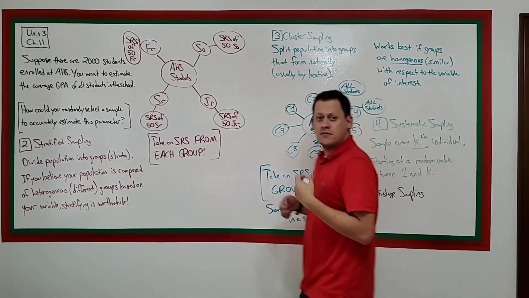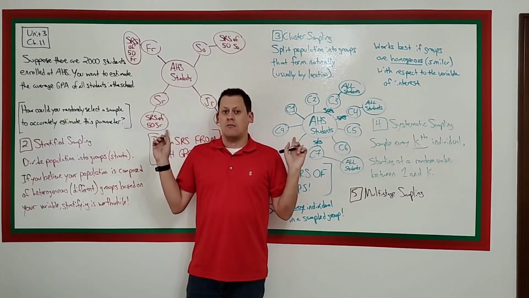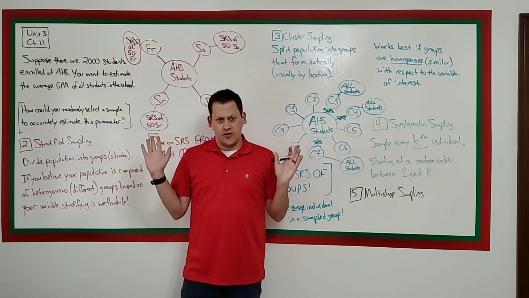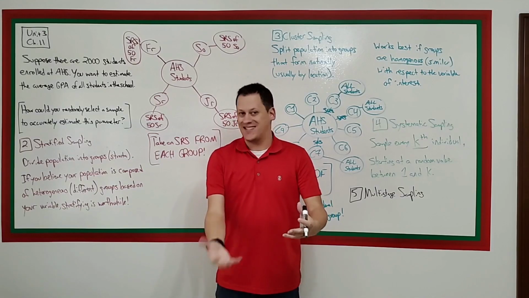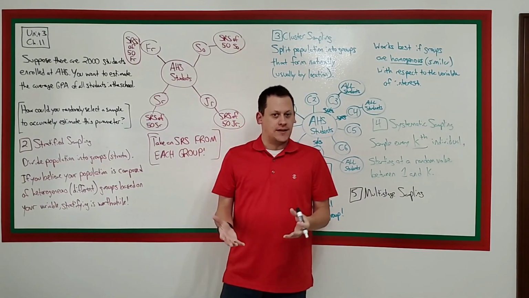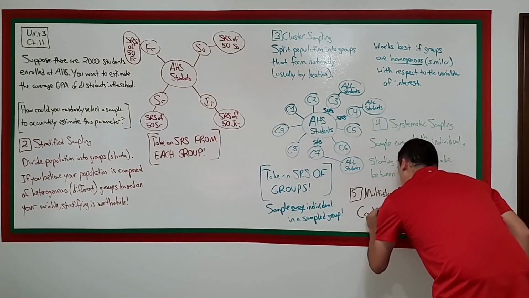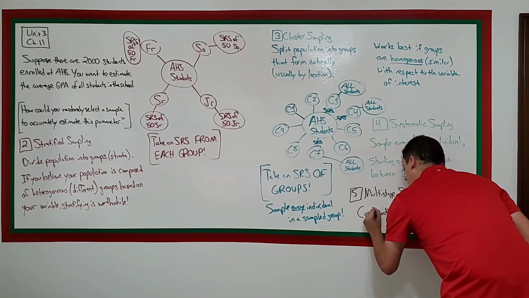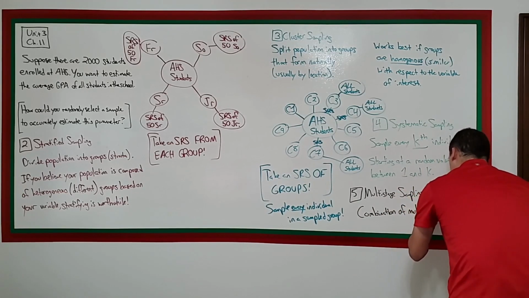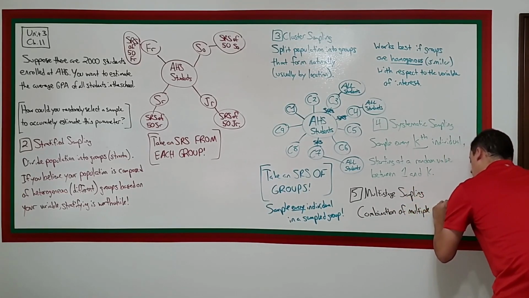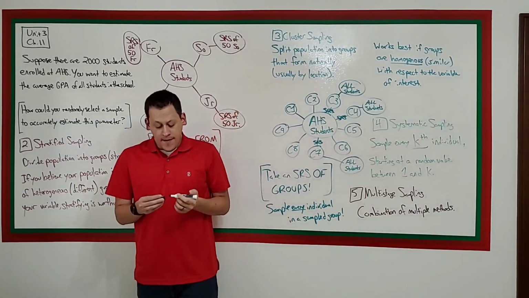And as the name suggests, multi meaning more than one, it's when you combine more than one of these methods together, or if you like stratify in 2 ways at the same time, or something like that. So it's a combination of these techniques, a combination of multiple techniques, multiple methods. Or you can use the same method more than once.